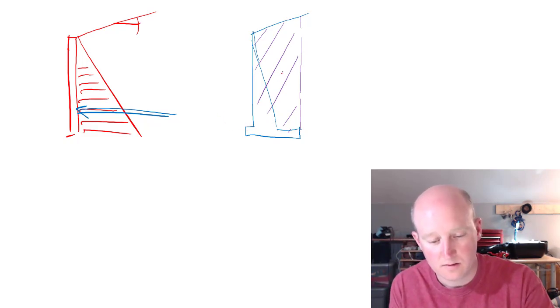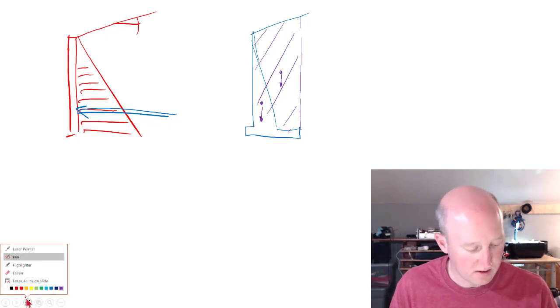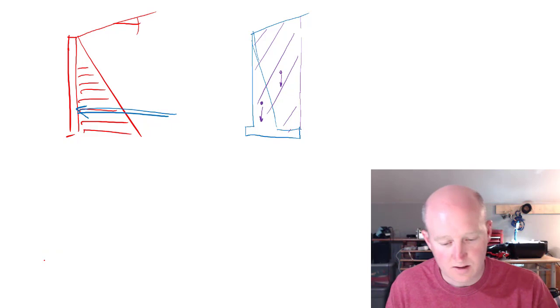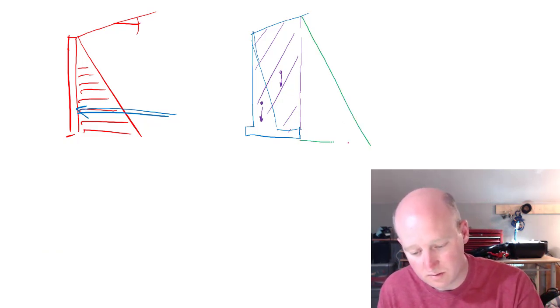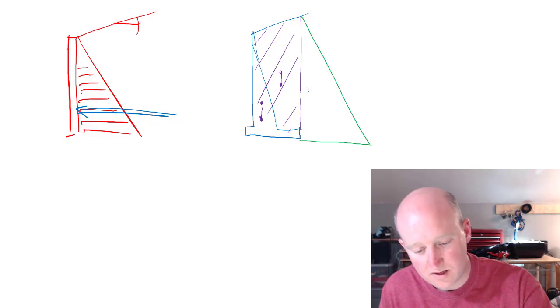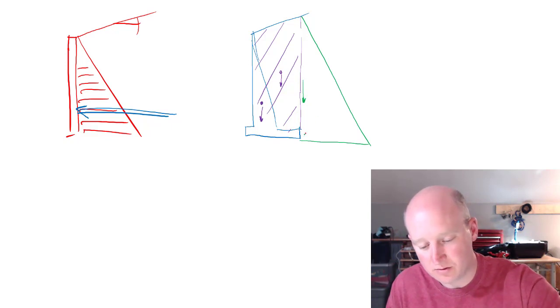And so we would have the weight of the soil, we would have the weight of the concrete, and we would have friction acting downwards on the back of the wall. This is our pressure distribution.